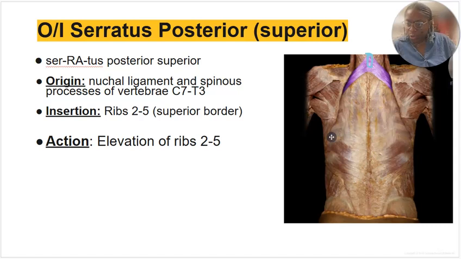So there, the nuchal ligament would be somewhere along the posterior neck region, as well as originating at the spinous processes of the last cervical vertebrae, C7, up to T3. And it inserts down at ribs 2 through 5 along their superior borders. What it's going to help with is just elevation of these ribs 2 through 5.